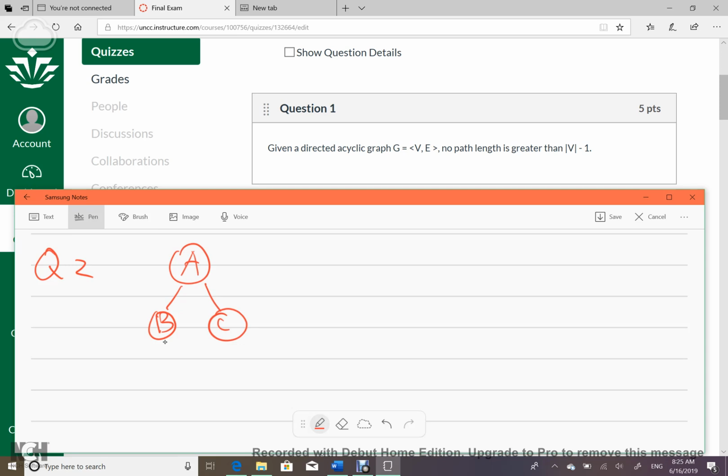DFS corresponds to this: we want to reach as far as we can, and we want to reach far as early as possible.